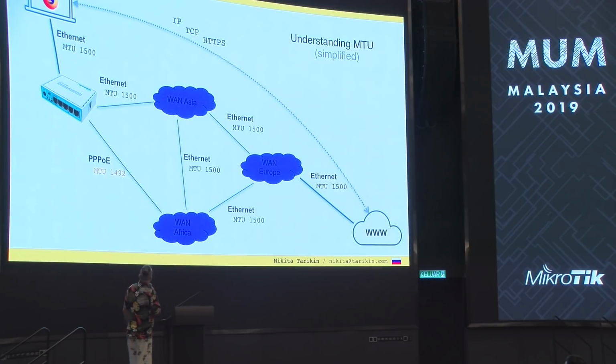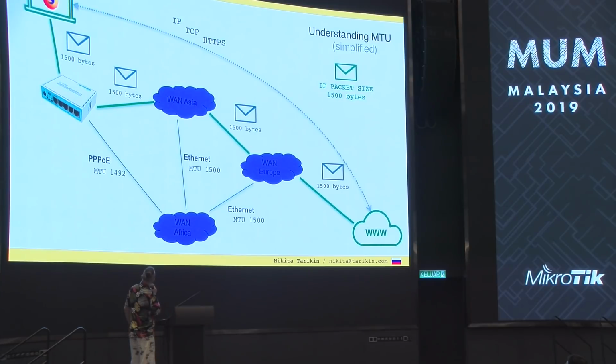So let's say we have a VPN interface somewhere. We want our laptop to reach the website. On the way, we have somewhere a VPN interface with an MTU lower than both interfaces on our ends.